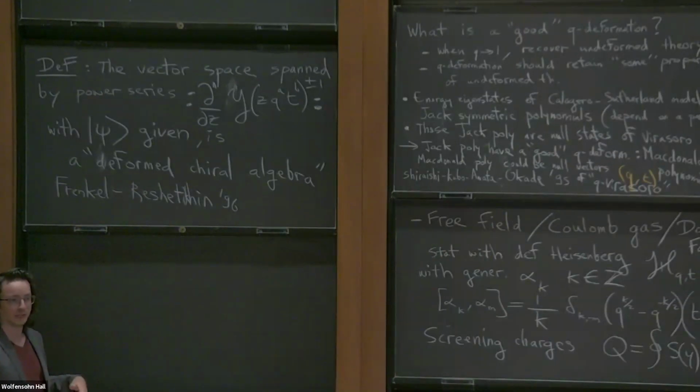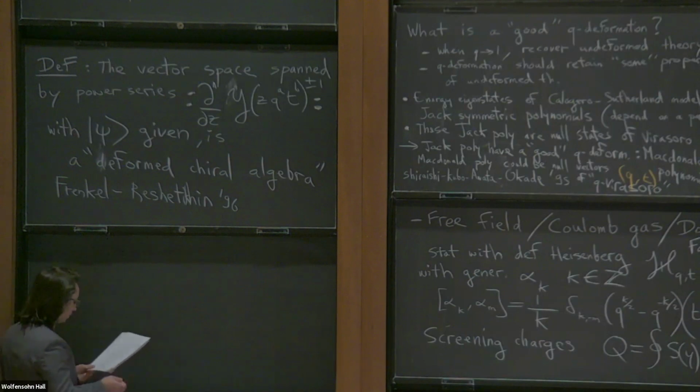I will not go through the axioms because it will not be of interest for us here, but I can refer you to the original work where you can see exactly how the axioms are modified for the usual chiral algebra.